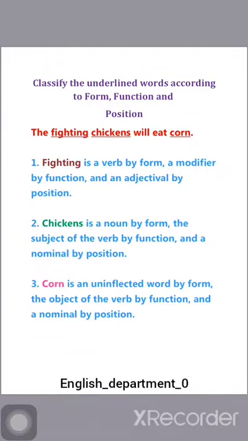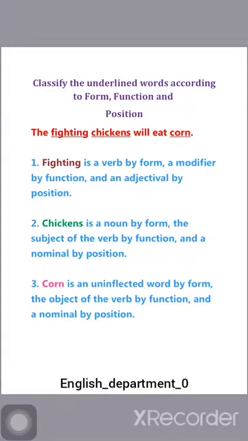By position, and by saying nominal, I mean in which position we see a word that is considered as a noun. That is to say the subject of the verb, the direct object, indirect object, and so on. Okay, so this is in relation to the three modes of classification.